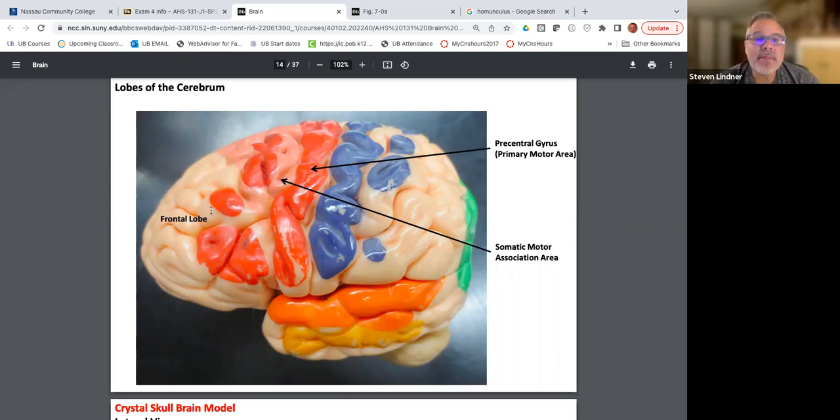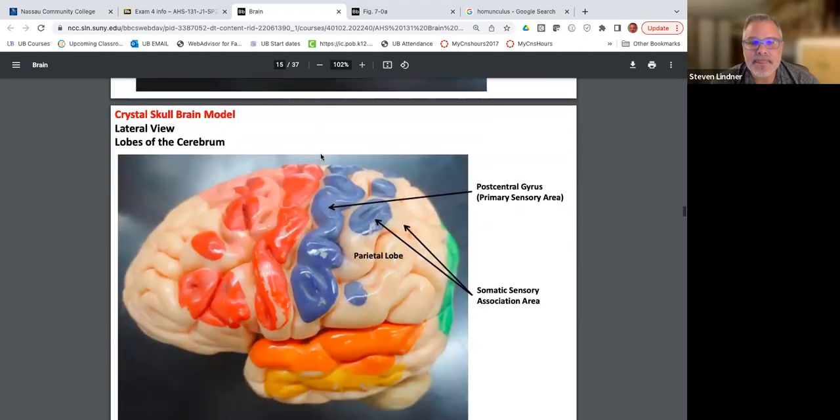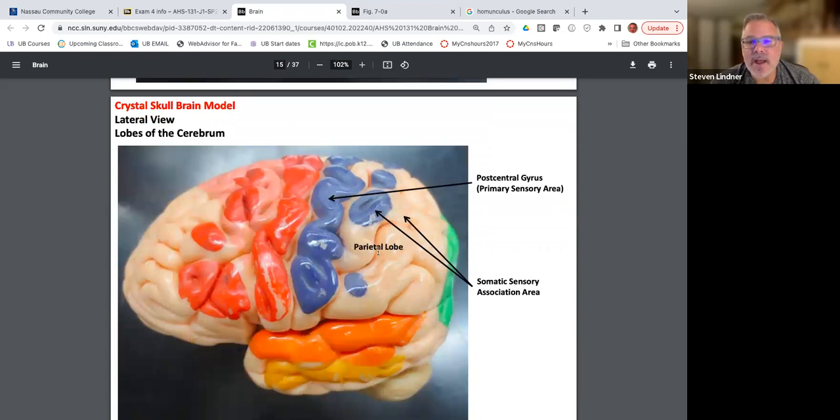Thinking about moving takes place here, and then it relays it back to these other strips to create movement. Now here's the parietal lobe, and the blue strip is the postcentral gyrus, which is your primary sensory area for perception. And just adjacent to it is the somatic sensory association area.